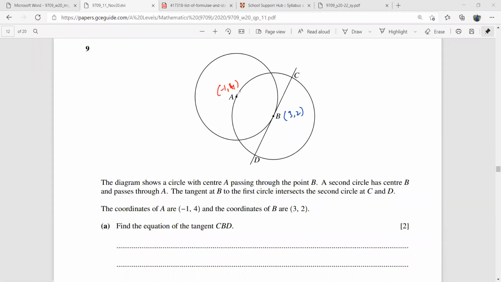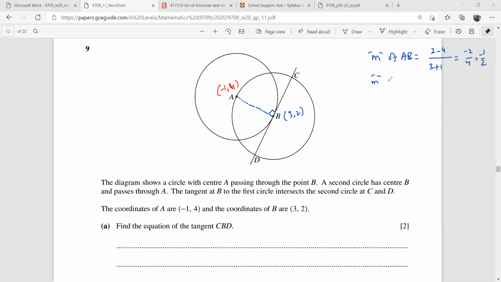Remember, the radius is perpendicular to the tangent. So if you have the gradient of AB, you will get the gradient of the tangent. And you already have a point on it. So let's find M of AB. That is 2 minus 4 over 3 plus 1. That is minus 2 over 4, that is minus half.